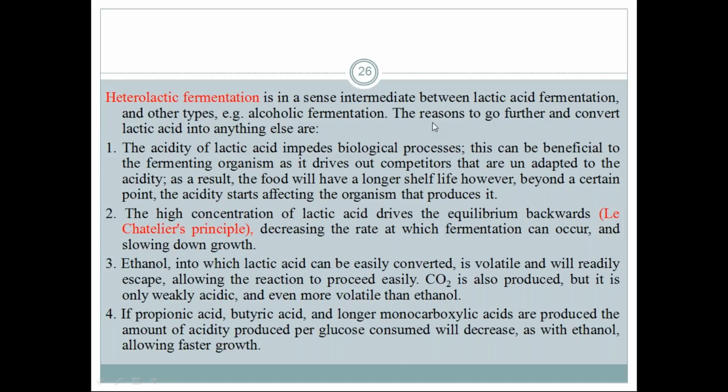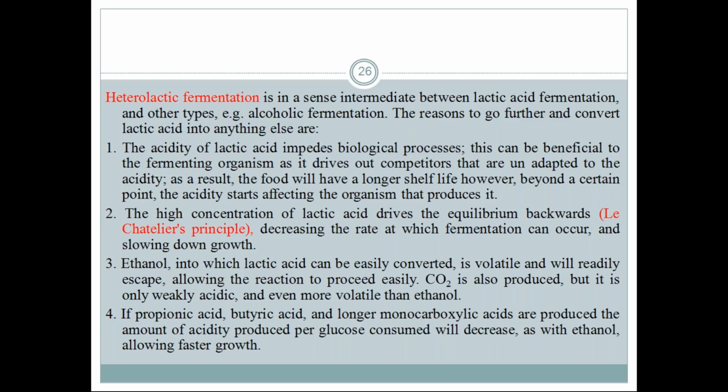Now there are some reasons for the further decomposition or production of different types of byproducts in the heterolactic fermentation. What are these reasons? The acidity of lactic acid impedes biological processes.